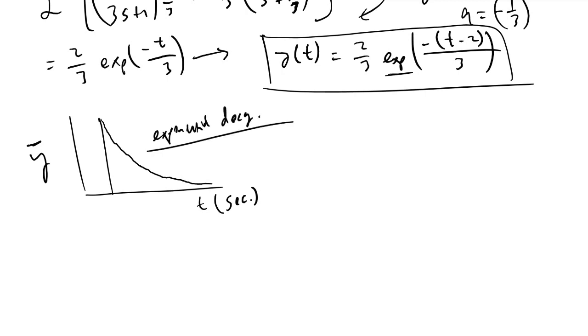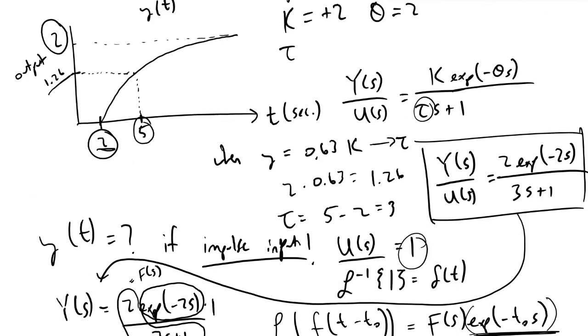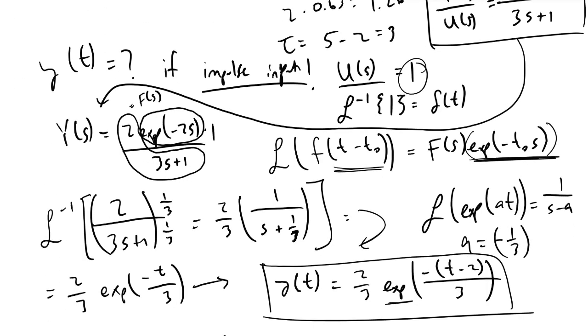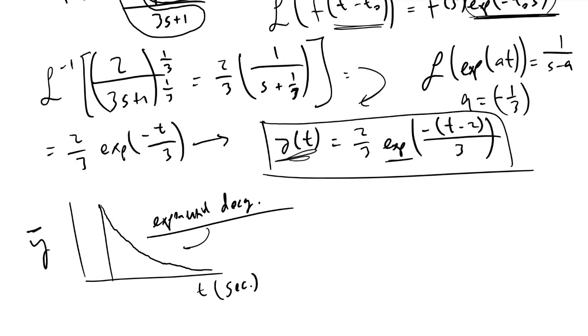And so this concludes how we can go from a picture of visualizing an output into getting a transfer function. And then if we're given the input response, such as an impulse, we can ultimately find how the output will vary as a function of time, as well as get an idea of how its deviation from the nominal steady state value changes over time.